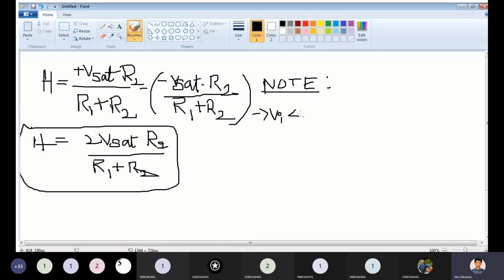Input voltage is less than VLT. Then what is the V0 value? V0 is the positive V saturation. Why? Because the VI value is less than VLT, the lower threshold.